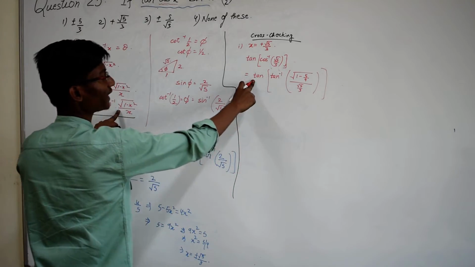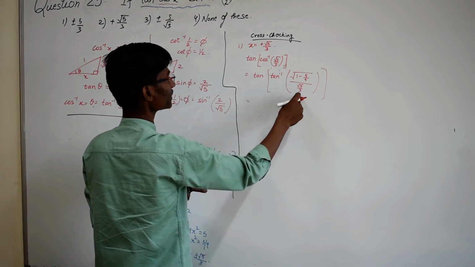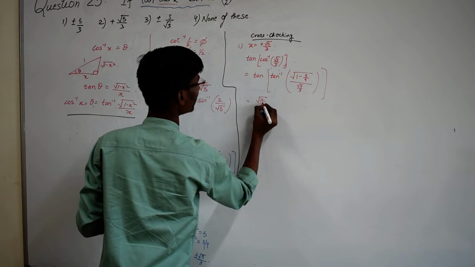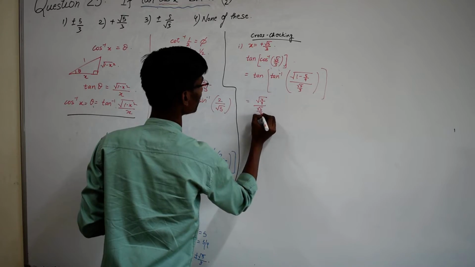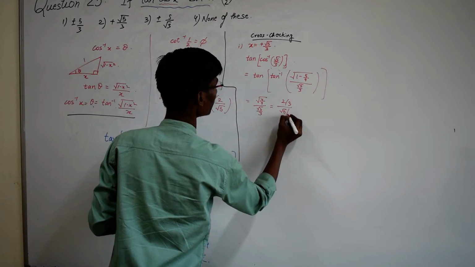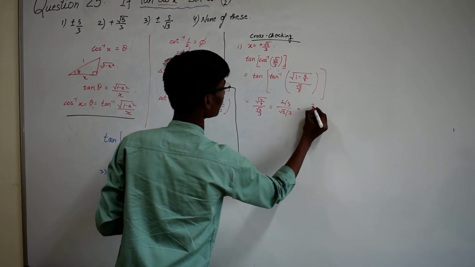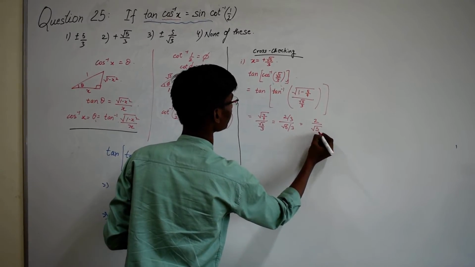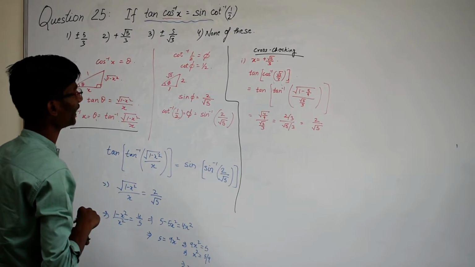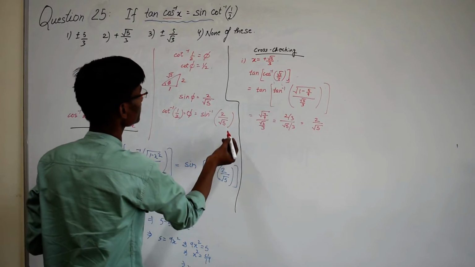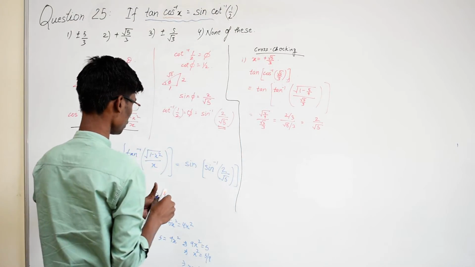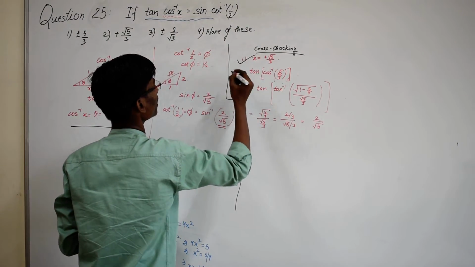Since tan of tan inverse x equals x, if you simplify it, we get root 4 by 9 divided by root 5 by 3. Further, we can write it as 2 upon 3 divided by root 5 by 3, which equals 2 by root 5. On the right hand side we have earlier proved that this is 2 upon root 5. So x equals root 5 upon 3 satisfies this equation.